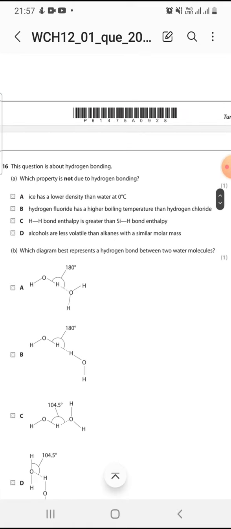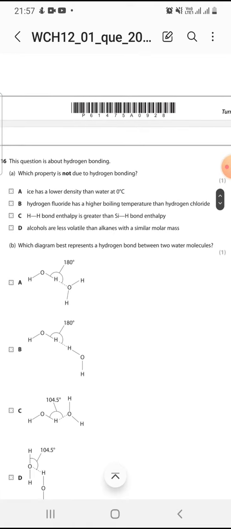This question is about hydrogen bonding, a very famous type of bonding. Which property is not due to hydrogen bonding? Ice has a lower density than water at 0 degrees Celsius. That is related to hydrogen bonding, because ice can make up to 4 hydrogen bonds.